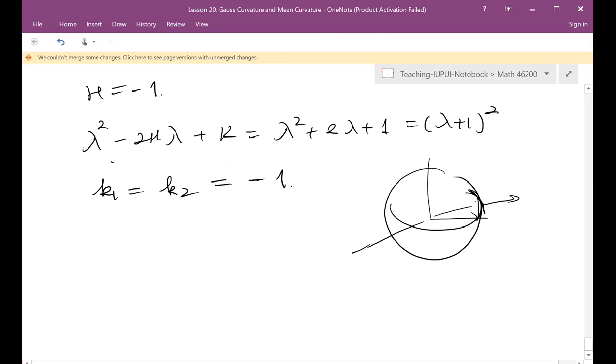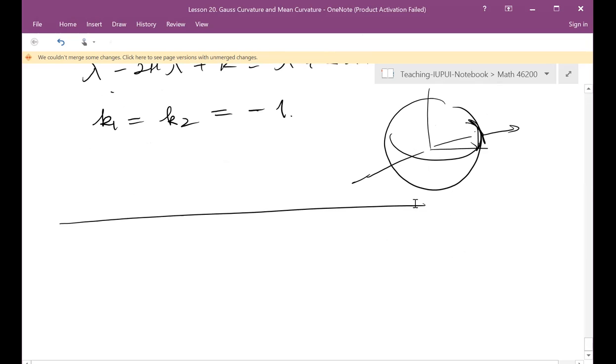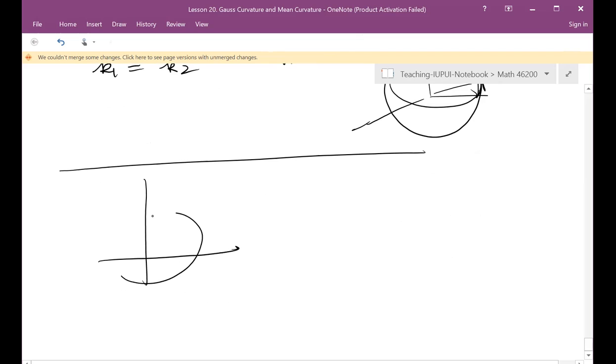You need two curvatures to describe a surface in three-dimensional space. So let's do some comparison. Here's a plane. For a curve in the plane, you just need a signed curvature, Ks. So you can describe the curve in the two-dimensional plane.